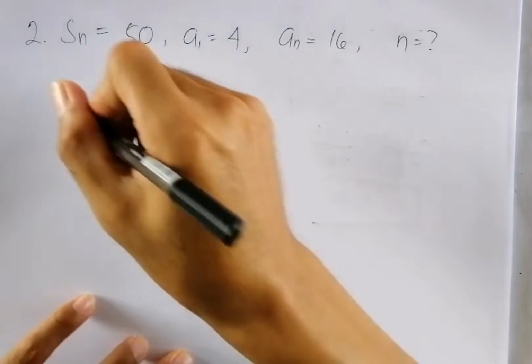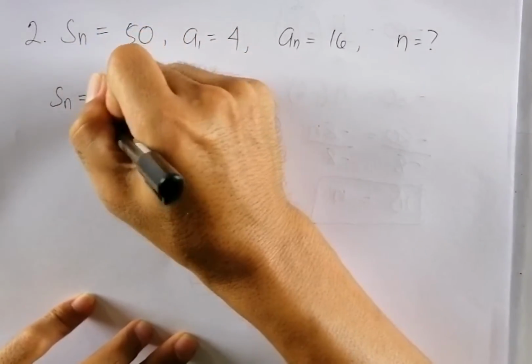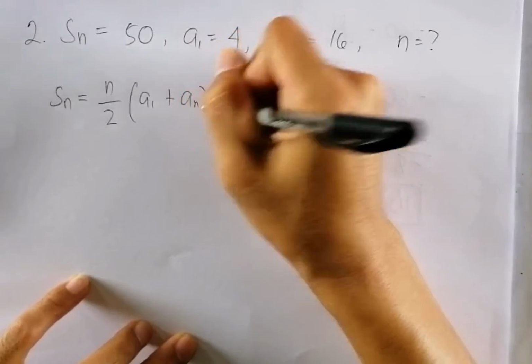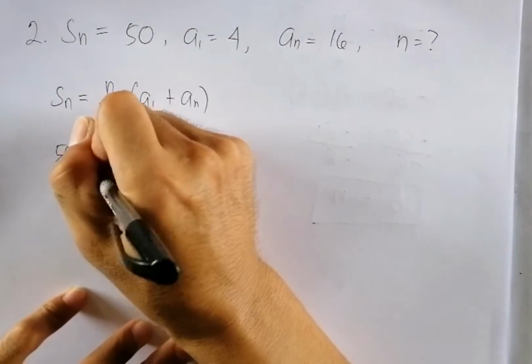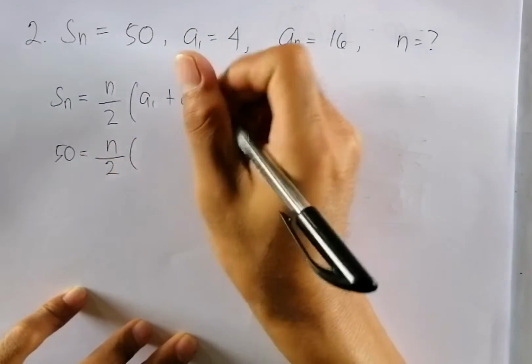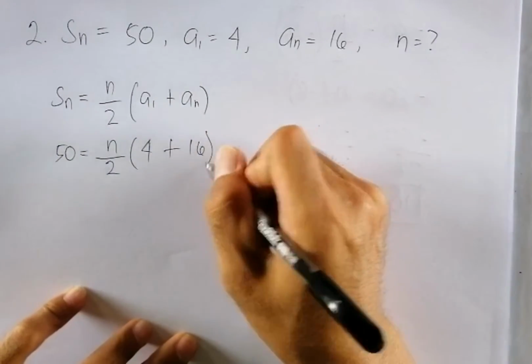Okay, for number 2, again, the first and the last term are given, so we can use formula number 1. S sub n is equal to n over 2 times the quantity of the first plus the last term. So S sub n is 50, so we have n over 2 times a sub 1 is 4 plus a sub n is 16.